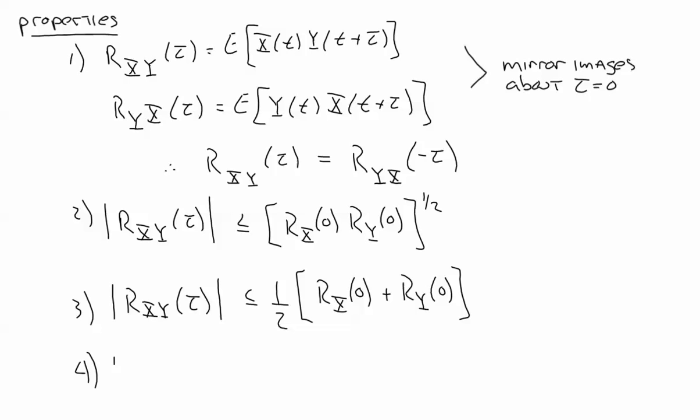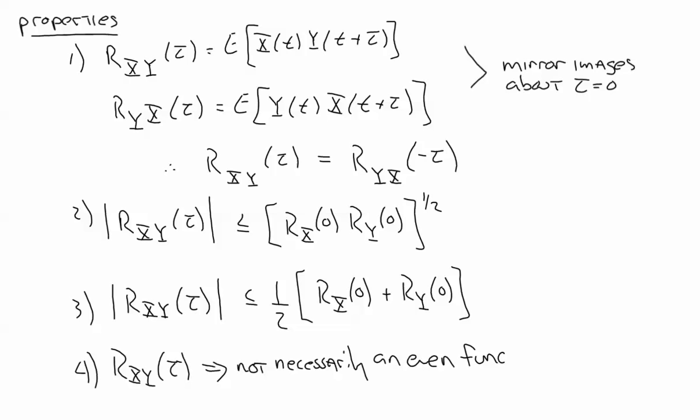And it's not really a property, but I'll state it as such. Cross correlation is, in almost all cases, not an even function. All right, the autocorrelation, as we've discussed in the past, is always an even function.